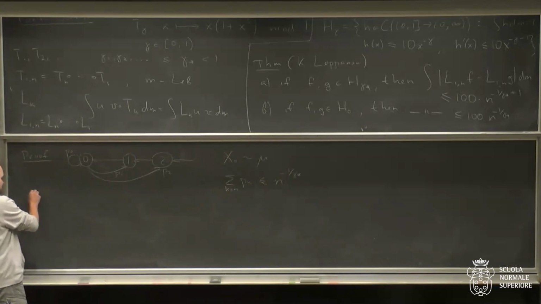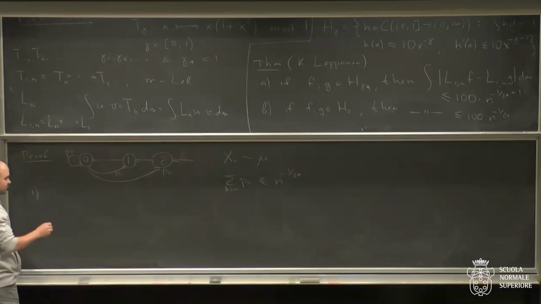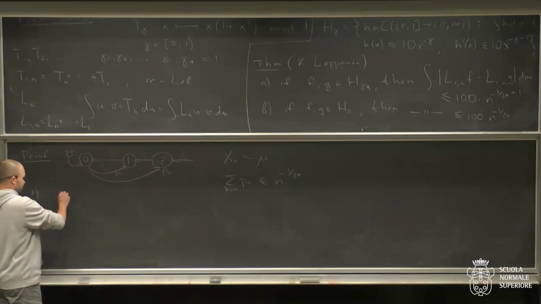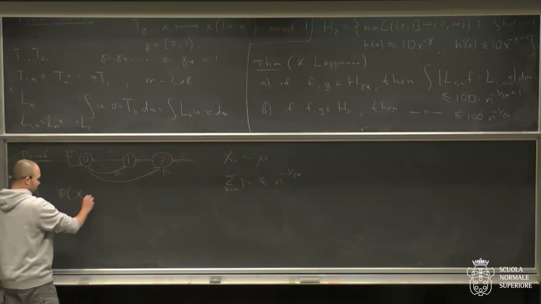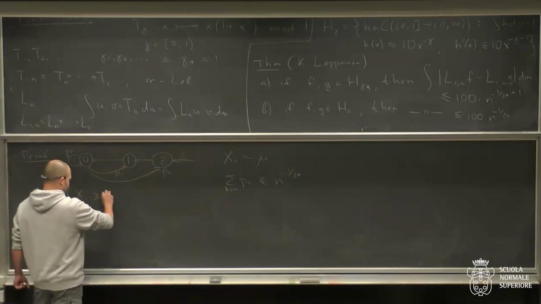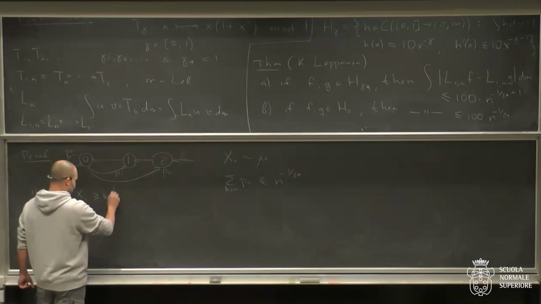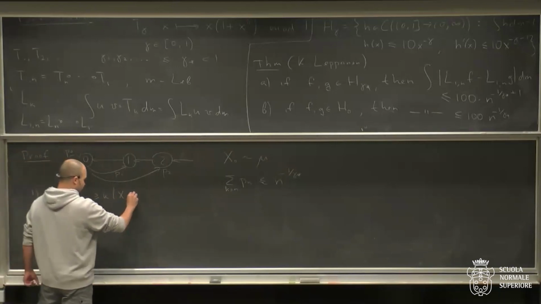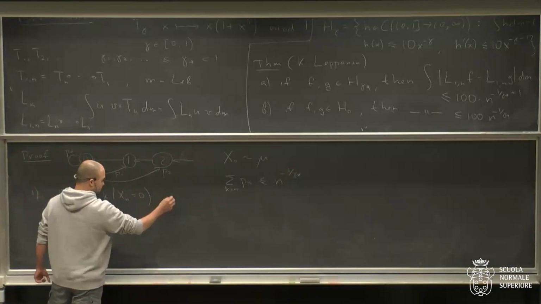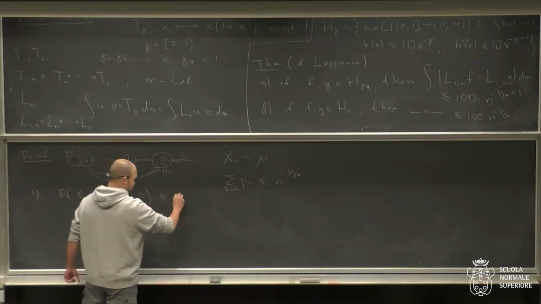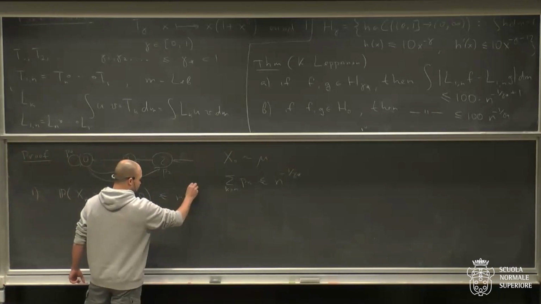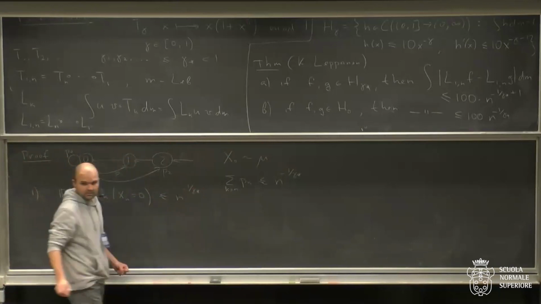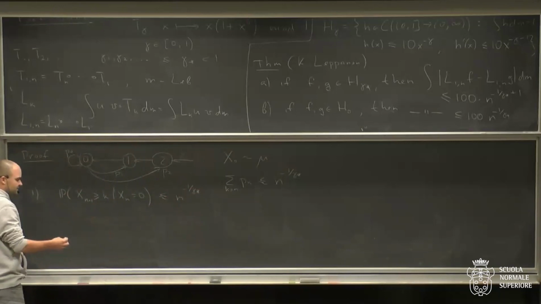So the things which we do are like this. First, we observe that the probability that x1 is bigger or equal than k, given that xn is 0, is at most n to minus 1 over gamma star. It's just an observation. I'm stating the same thing again.